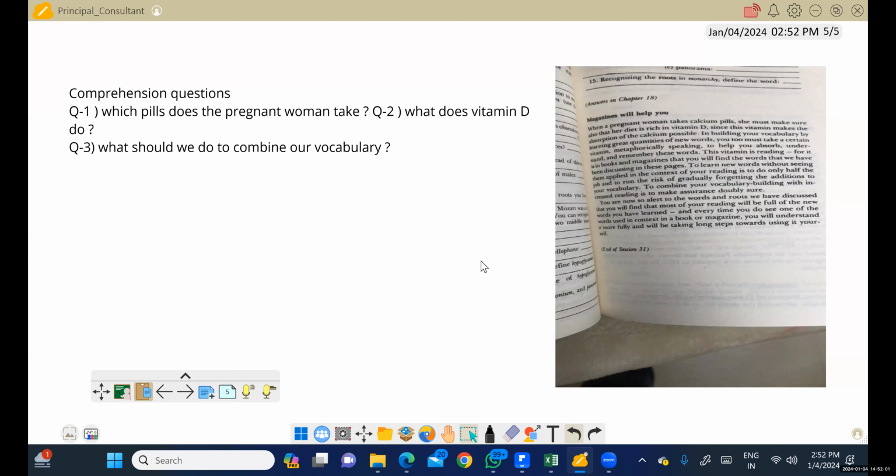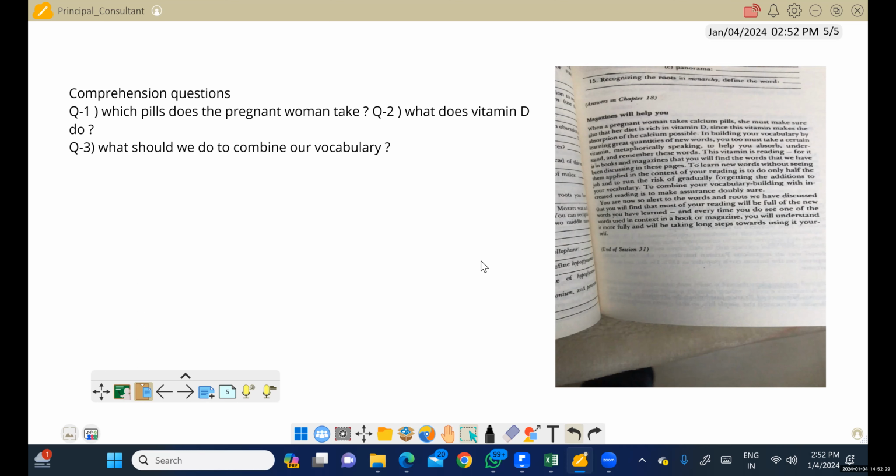To combine your vocabulary building with increased reading is to make it doubly sure. You will be so alert to the words and roots we have discussed that you will find that most of your reading will be full of the new words you have learned. And every time you do see one of the words used in the context of a book or a magazine, you will understand it more fully and will be taking long steps towards using it yourself.